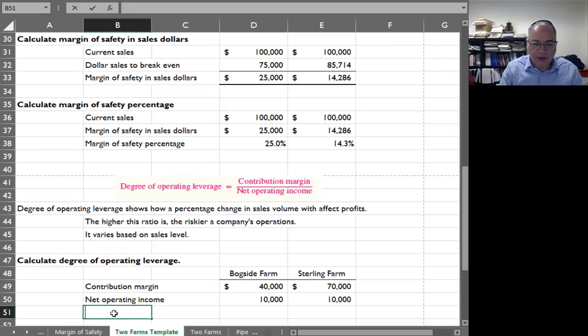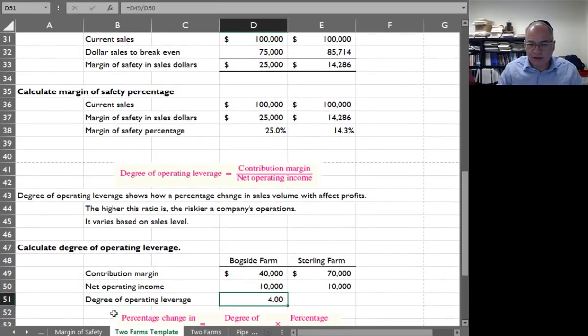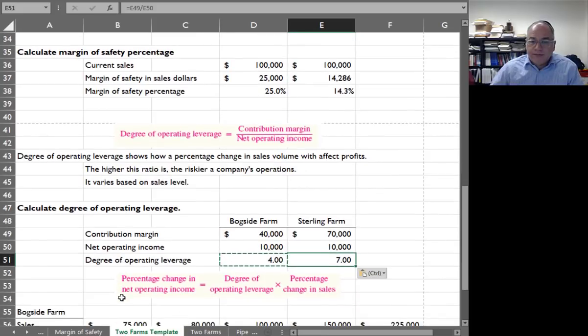So your degree of operating leverage is going to be 40,000 divided by 10,000 for Bogside, or 4, and for Sterling it's going to be all the way up there at 7. So if you multiply this by the percentage change in sales, you should get, based on the definition that I gave you, the percent change in net operating income.